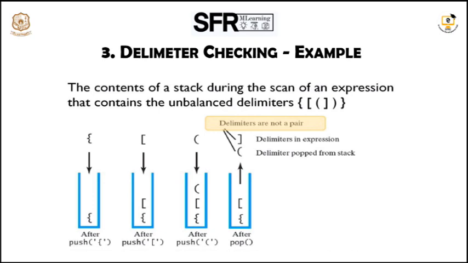These two are pushed onto the stack, and then the third character is the open parenthesis. It is pushed onto the stack, and then the scanned character is close square bracket, but the operator on the top of the stack is open parenthesis. So these two characters mismatch. So this clearly intimates that there is an unbalanced delimiter.